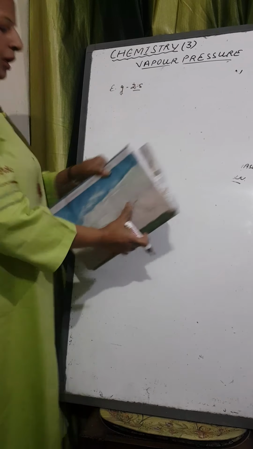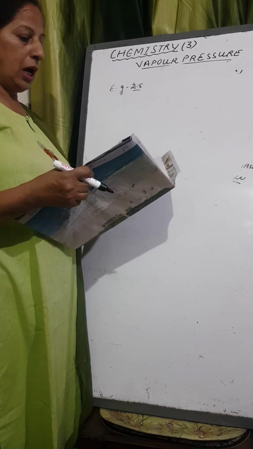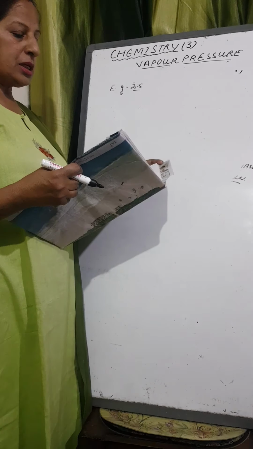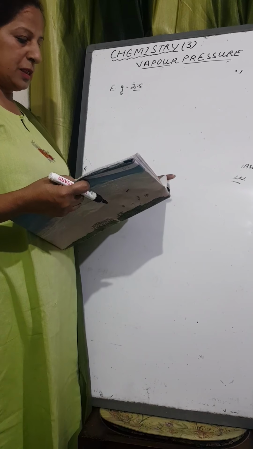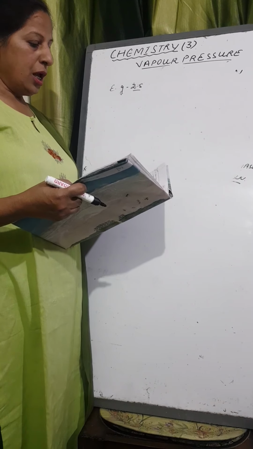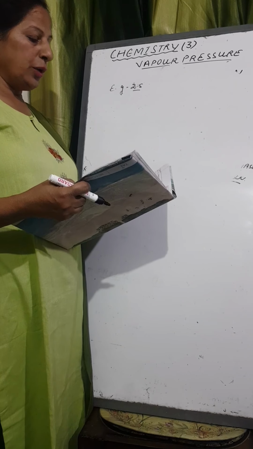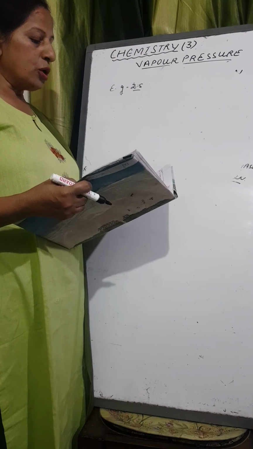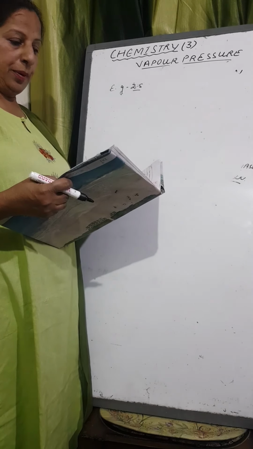Vapor pressure of chloroform and dichloromethane at 298 Kelvin are 200 millimeters of mercury and 415 millimeters of mercury respectively. Calculate the vapor pressure of the solution prepared by mixing 25.5 gram of chloroform and 40 gram of CH2Cl2 at 298 Kelvin. Also find the mole fractions of each component in vapor phase.